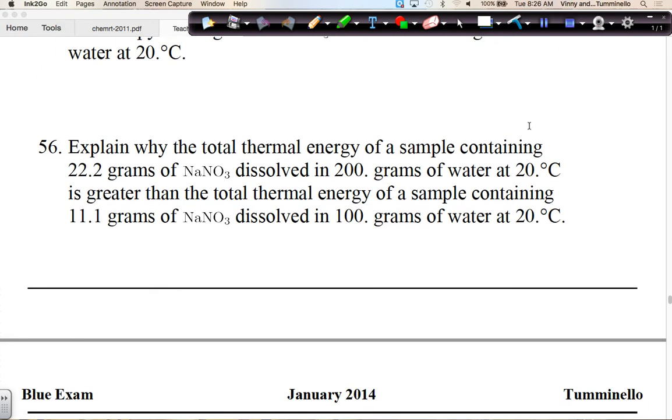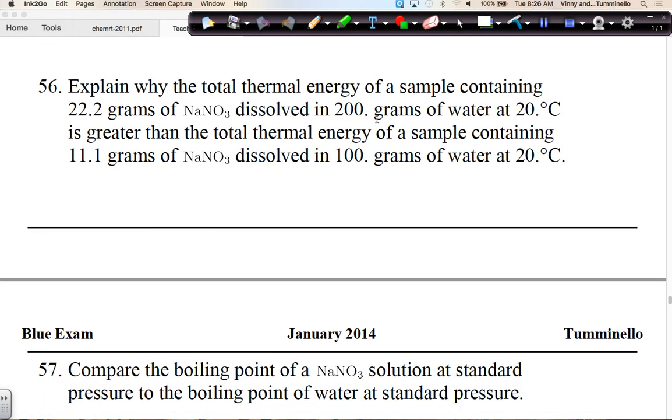Number 56, explain why the total thermal energy of a sample containing 22 grams of NaNO3, sodium nitrate, dissolved in 200 grams of water at 20 degrees Celsius is greater than the total thermal energy of a sample containing 11.1 grams of sodium nitrate dissolved in 100 grams of water at 20 degrees Celsius.